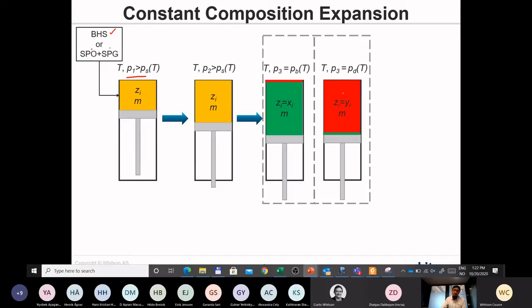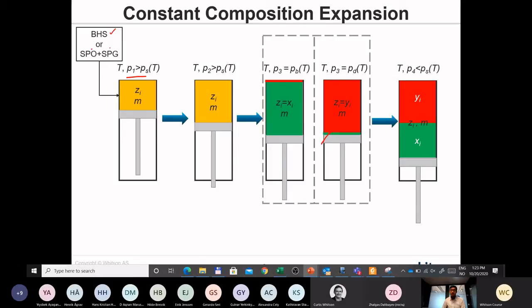And if it's a dew point sample, then you see the condensation going on, and then you see this liquid phase at the bottom, the liquid droplets coming out from the bottom. So that is going to indicate the saturation pressure of the system, and then we just continue expanding the PVT cell, and then we have two phases now, the YI and XI, the equilibrium vapor phase and the liquid phase.